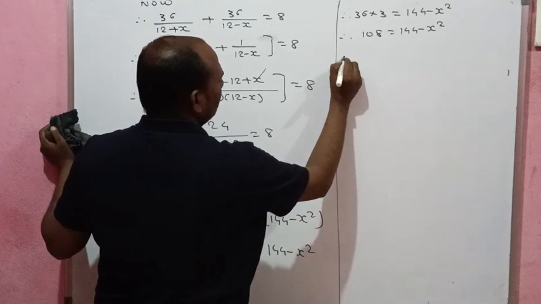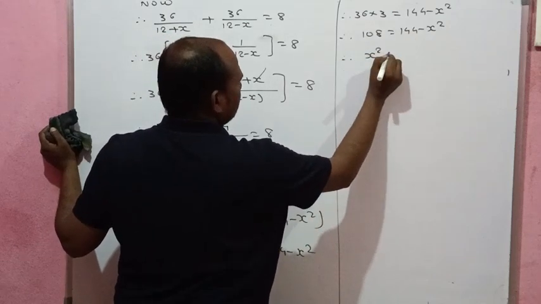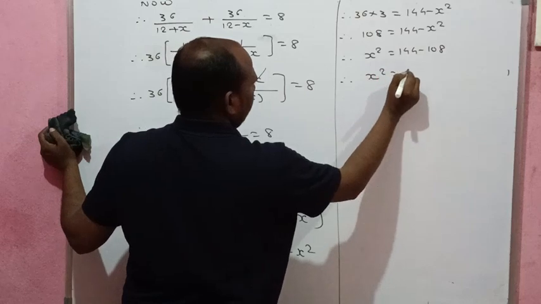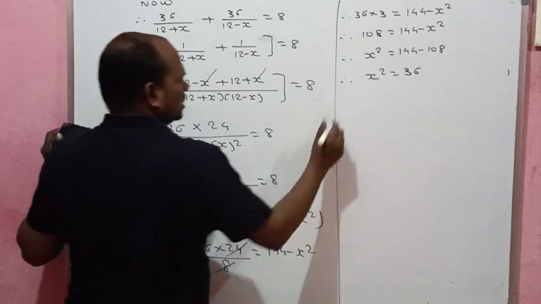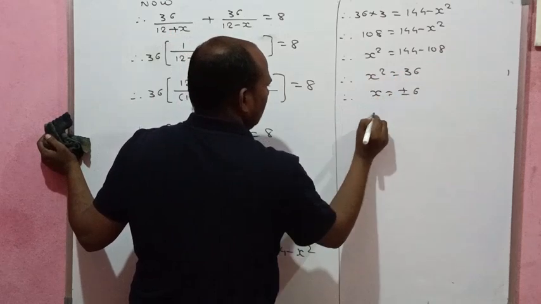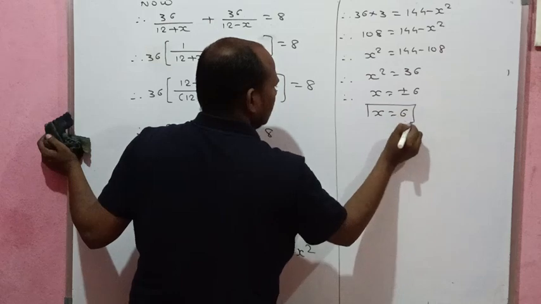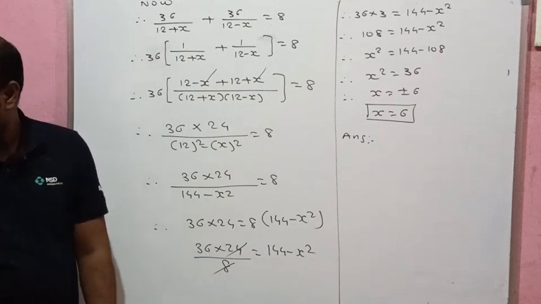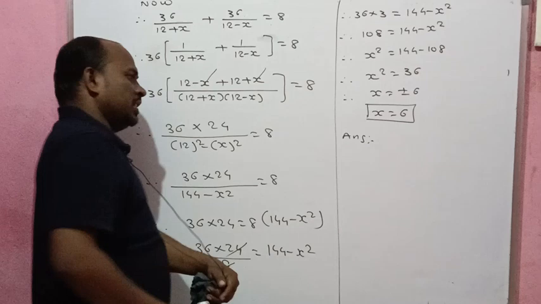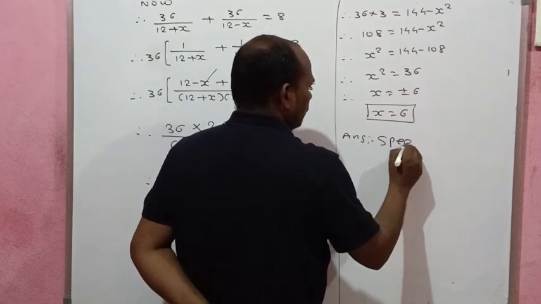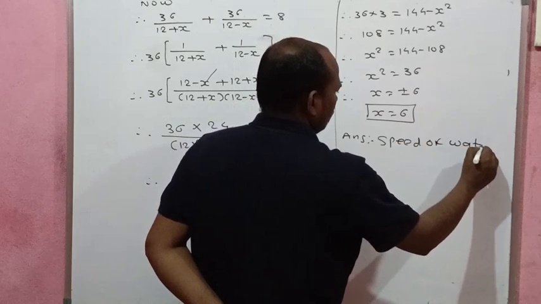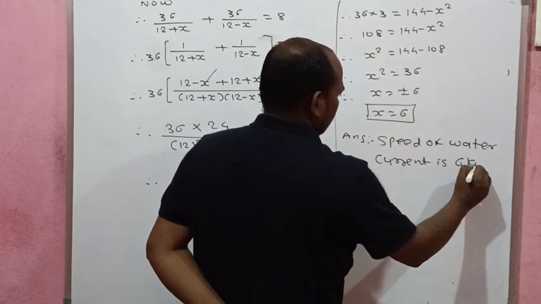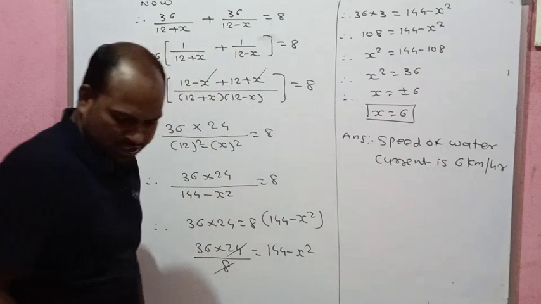So x square is 144 minus 108, that is 36. Taking the square root, x equals plus minus 6, so x equals 6. Now the speed of water current is 6 kilometer per hour. We can see the answer.